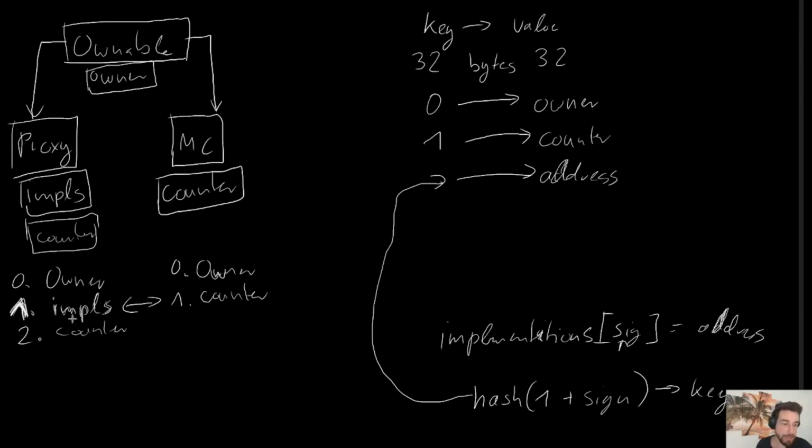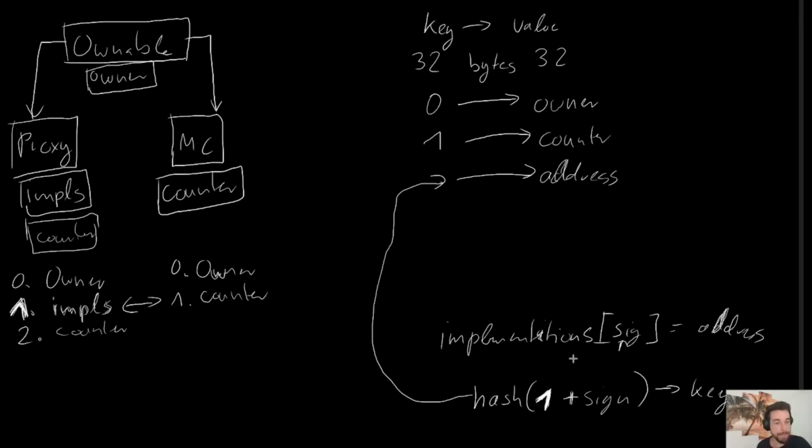The reason for that is simply that if we have multiple mappings, we want to make sure that the mappings themselves don't clash, and we ensure that by including the storage slot of the mapping into the hash that determines where it is. Imagine we have two mappings and we want to store a value at the same key for both. To make sure we don't get the same hash for both mappings, we need to add something in, and that something that makes a difference between both mappings is the storage slot that has been reserved for the mapping.